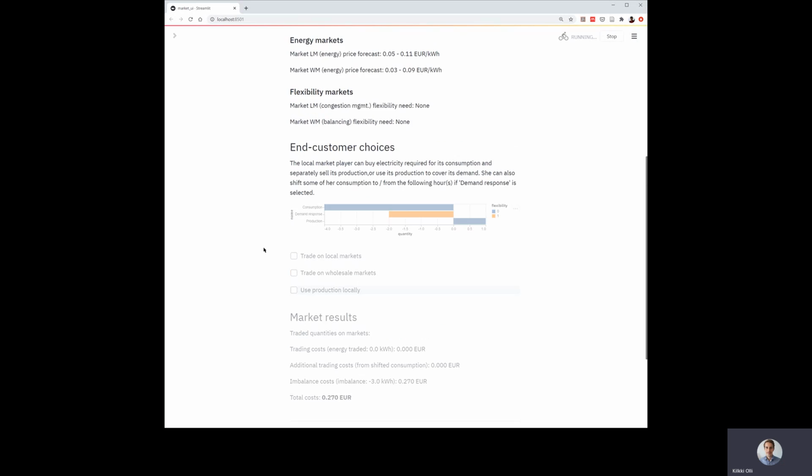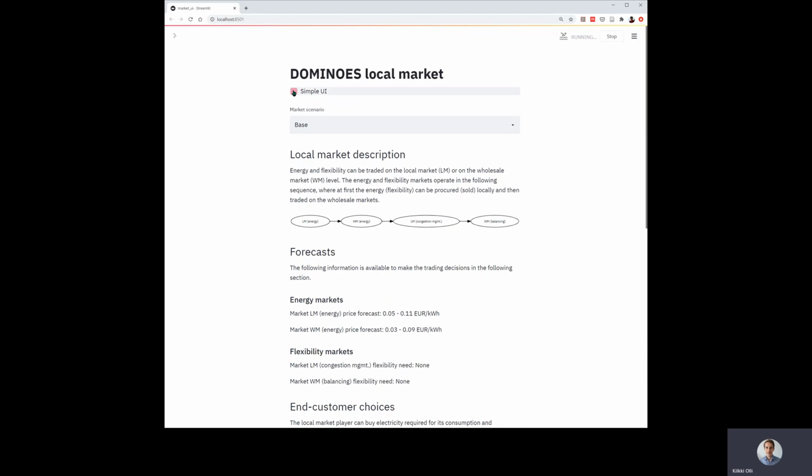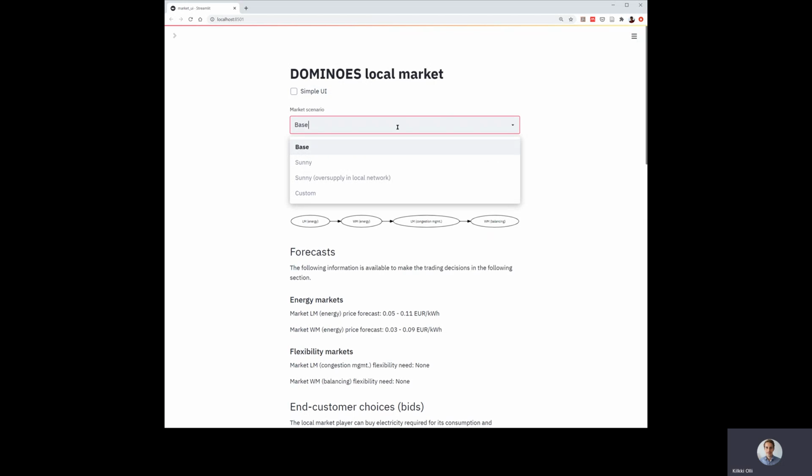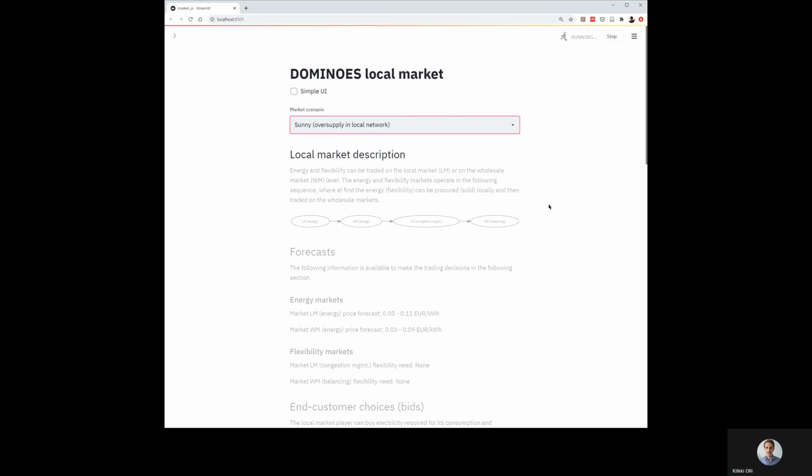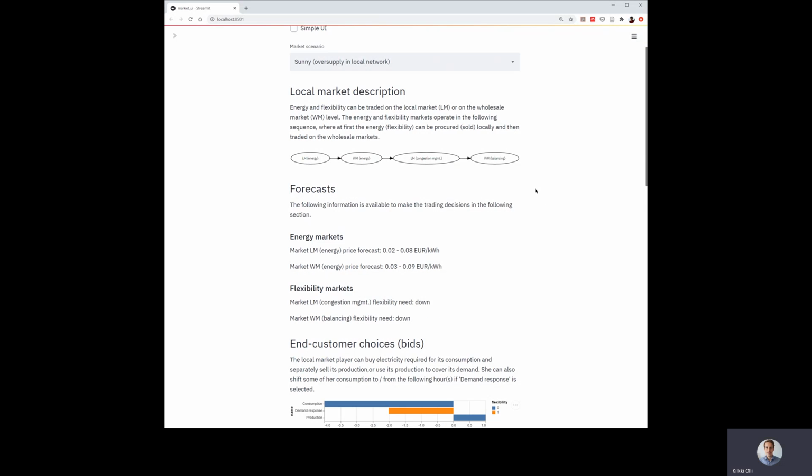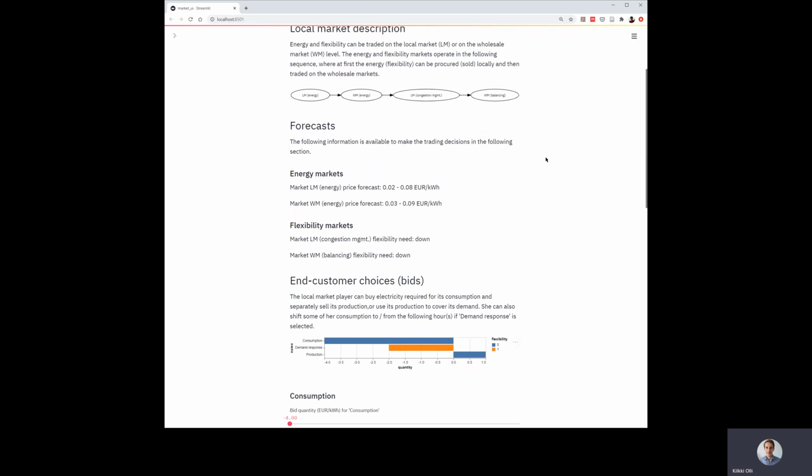Then we can simulate this with a more complex user interface where we can make more decisions. We will also choose a different scenario, assuming a sunny day with a potential oversupply in the local network in some node. We then have again the same markets, and in this case also the flexibility markets, same resources as well.